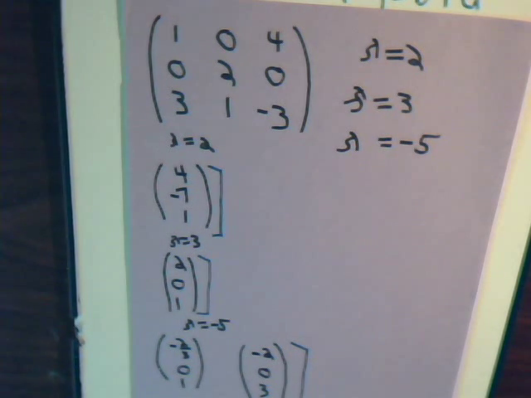Now when you have an n by n matrix though, all of its eigenvalues don't have to be distinct, in which case there might not be n corresponding eigenvectors. That gets to be a little bit more complicated. We'll deal with that in future videos.